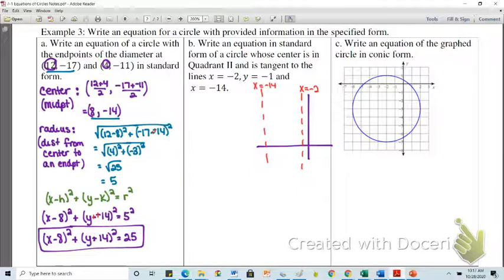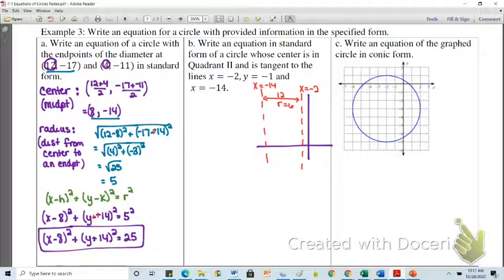Therefore, the center of my circle needs to be in between. So what is this distance from here to here? Well, it's 12. Because my diameter would be 12, no matter where my circle is, my radius is 6.